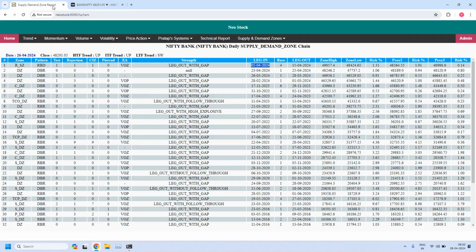Okay. Next, what about the demand zone? The most recent daily demand zone is newly created, so the zone strength is yet to be established. Probably last Thursday or Friday. 25th is Friday. Thursday.